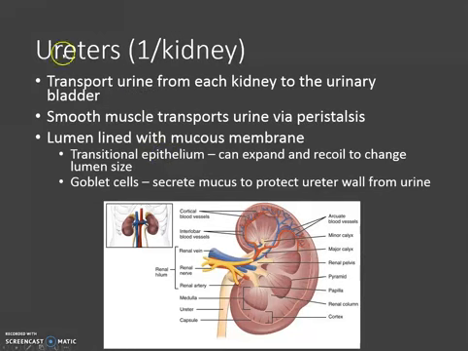There are also goblet cells associated with this epithelium, and goblet cells are special cells that secrete mucus. This mucus helps to protect the lumen, or the inside of the ureter, as the urine is passing through it, because urine can sometimes be really acidic, sometimes alkaline. So this mucus helps to protect the ureter as urine is making its way to the urinary bladder.